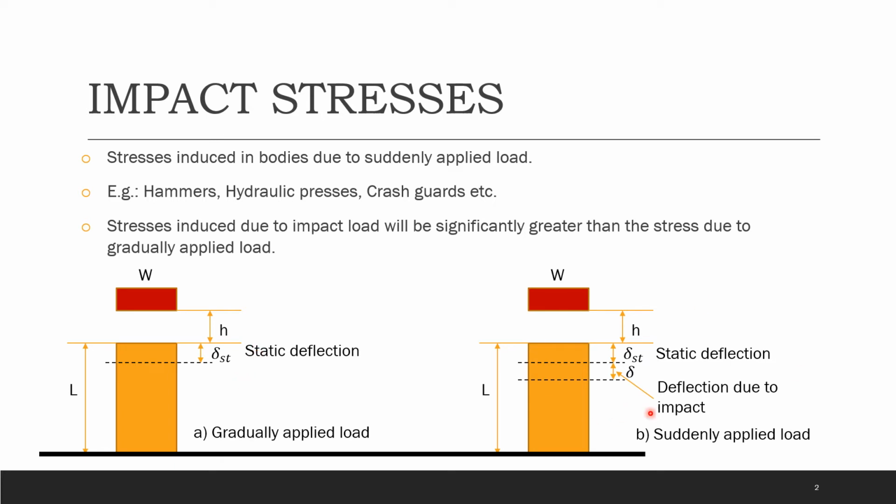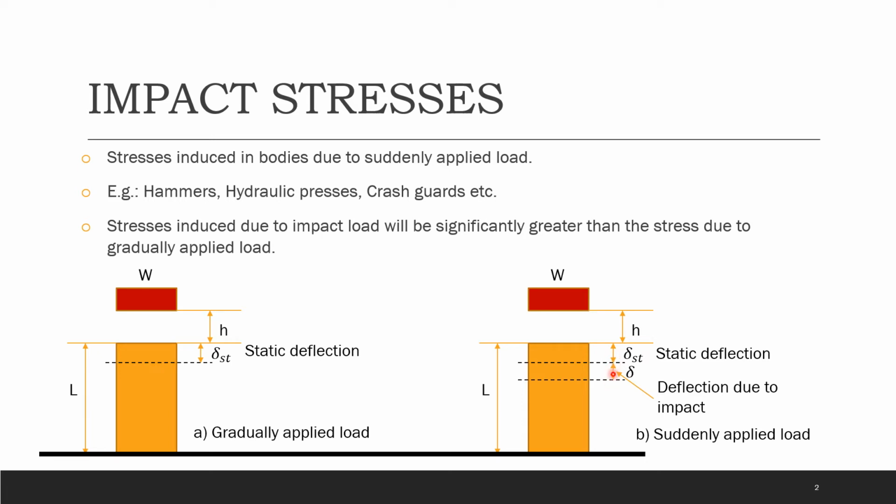And if you look at the second figure here, this is a case of suddenly applied load. That is, the load of weight W is dropped from a height h, as a result of which this bar undergoes a deformation of delta st plus delta, right?